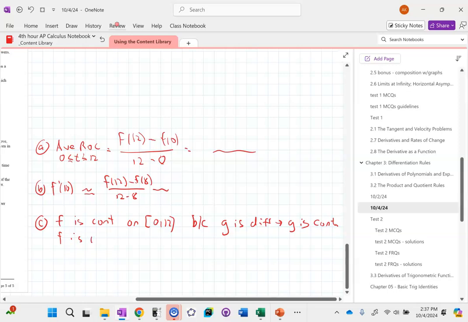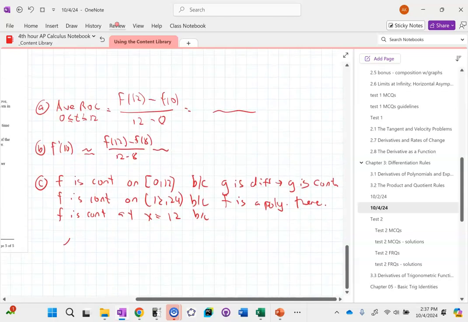I know f is continuous on 12 to 24 because f is a polynomial there. And then f is continuous at x equals 12 because the limit as x approaches 12 from the left of f of x is equal to the limit as x approaches 12 from the right of f of x, which is equal to f of 12.